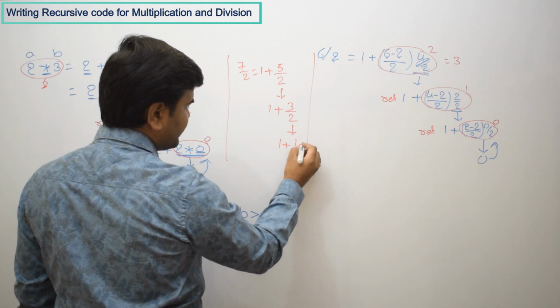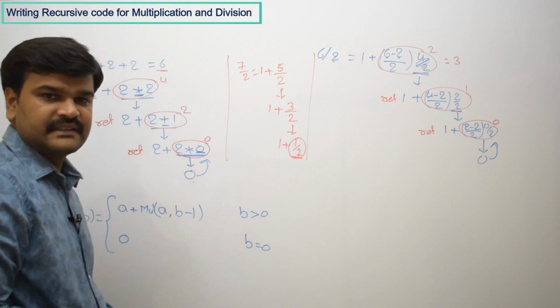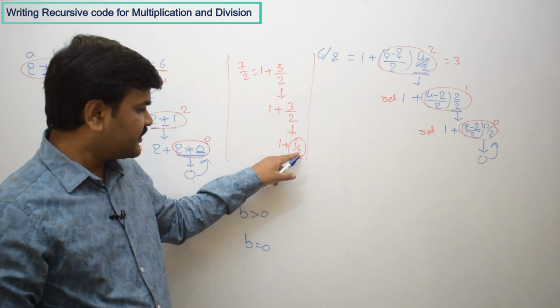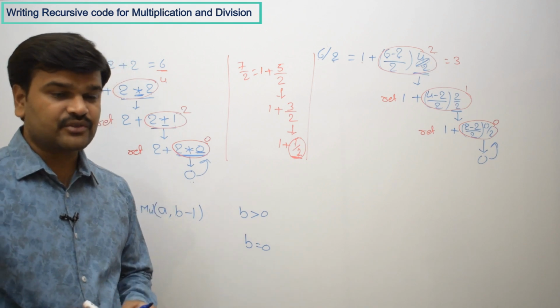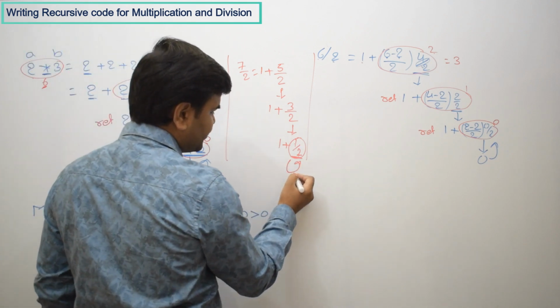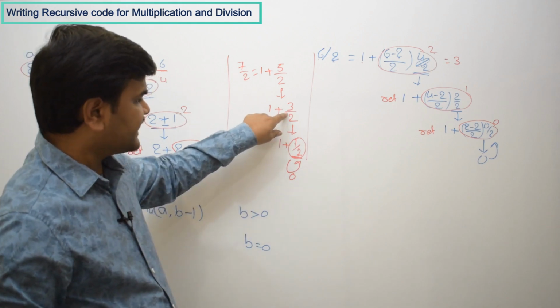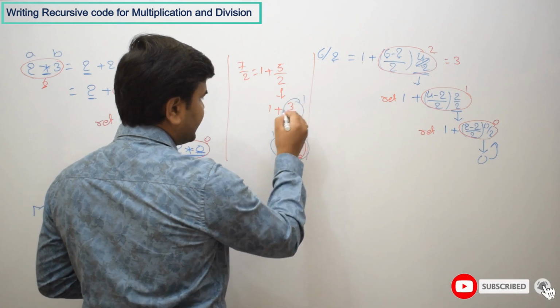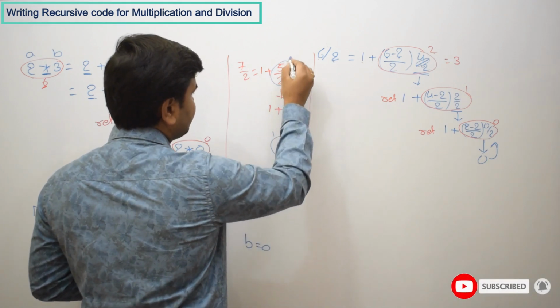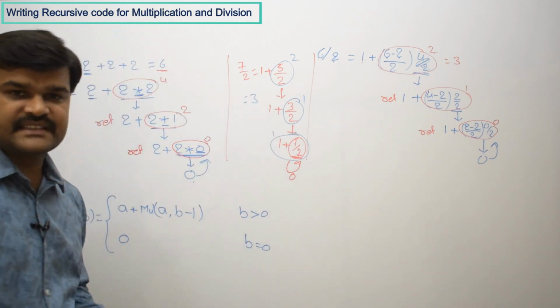At this time we are unable to remove 2 from the numerator. So the denominator we are unable to remove from the numerator. So at that time what do we have to do? At that time also we have to return 0 only. So 1 plus 0, 1, 1 is going to return here. So it will become 1, 1 is going to return here, 1 plus 1, 2, then it will become 2, 1 plus 2, 3. Even in this case also it is 3.